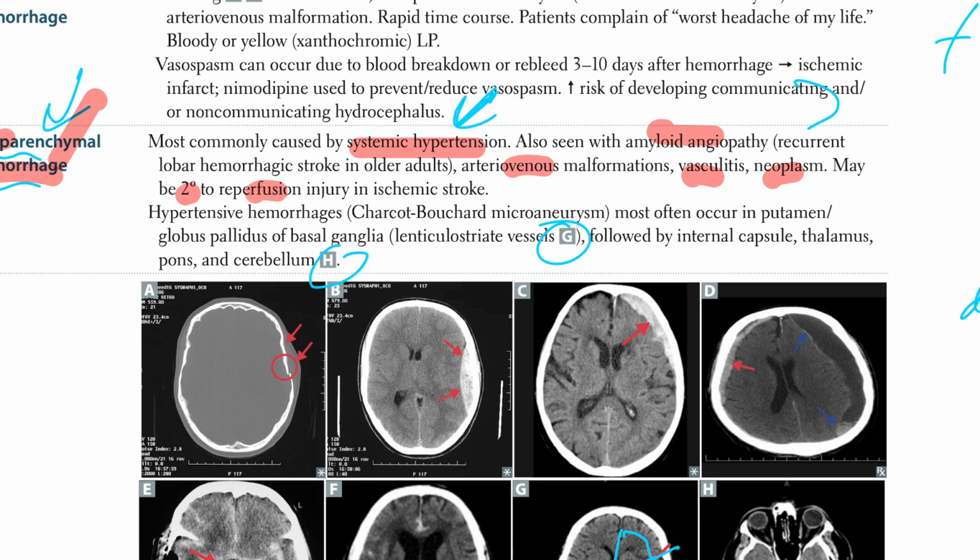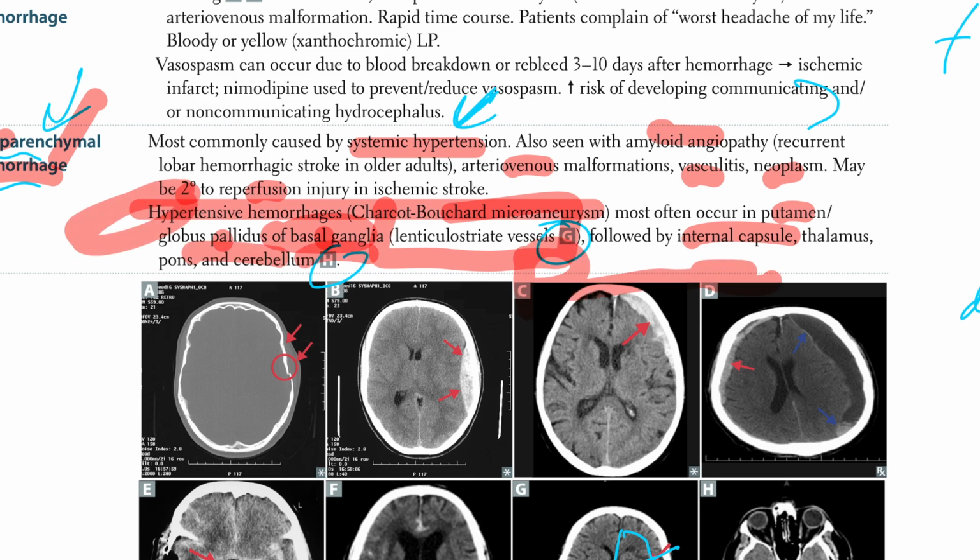But what is important is hypertensive hemorrhage, known as Charcot-Bouchard microaneurysms, which occurs in the putamen and globus pallidus of the basal ganglia, supplied by lenticulostriate vessels, followed by internal capsule, thalamus, pons, and cerebellum, all deep structures of the brain. Uncontrolled hypertension causes Charcot-Bouchard microaneurysms, and that is all for this one.